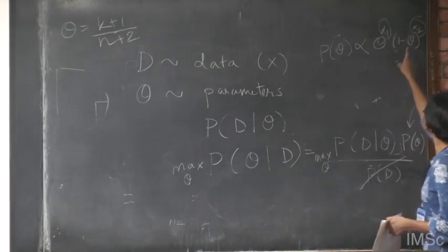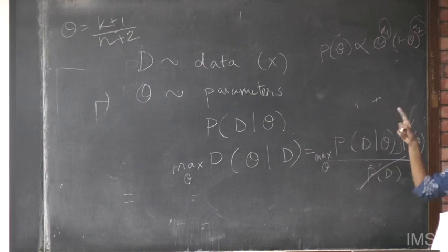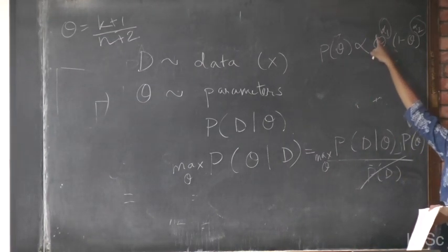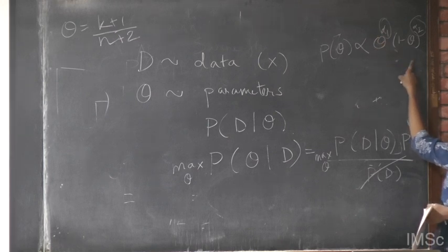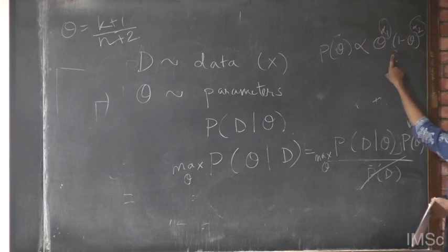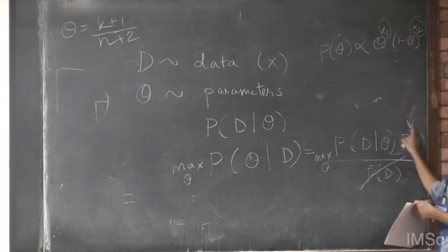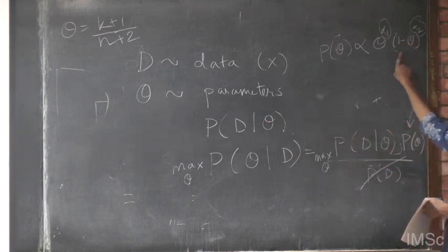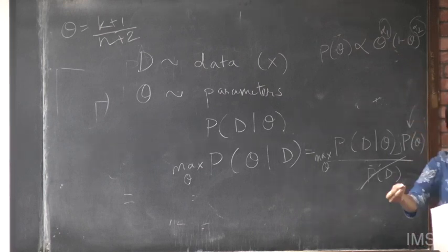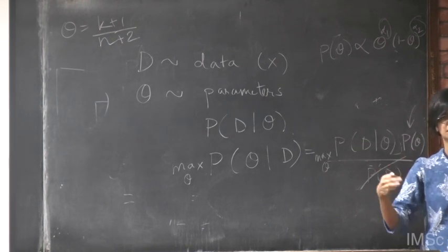So what happens when you multiply this quantity to your likelihood? Your likelihood anyway looked like this, no? It had theta raised to k and 1 minus theta raised to n minus k. Very similar looking, to which you added your prior, which looks very similar to that. In fact, the final product looks a lot like your prior. It's a very special prior that makes sure that even after seeing the data, your belief structure remains the same.